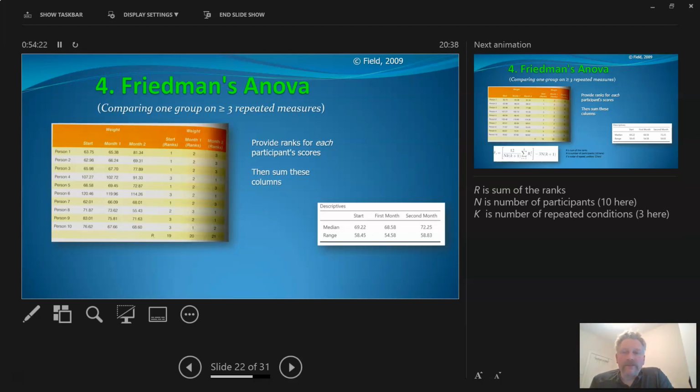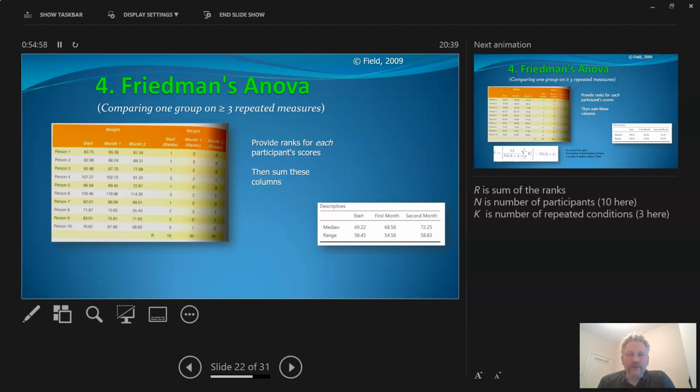What happens if we've got one group who've been tested twice, like we did with the Wilcoxon, what happens if we have one group who've been tested 3 times? Well, technically we could do multiple Wilcoxon rank tests, but as you'll see in a forthcoming session, the more tests you do, that brings with it a whole host of other problems.